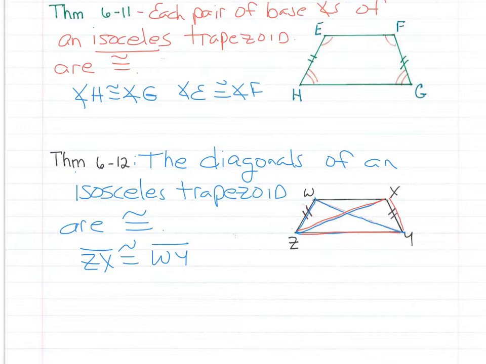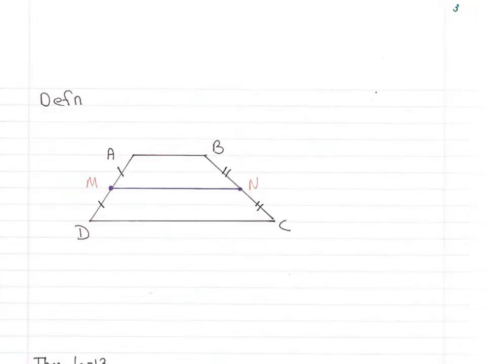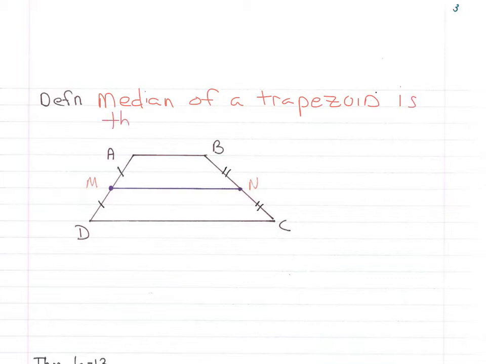Right, let's look at the next. This has to do with the median of a trapezoid. What does a median do to a line segment? It intersects at the midpoint. So by definition, the median of a trapezoid is the segment joining the midpoints of the legs.